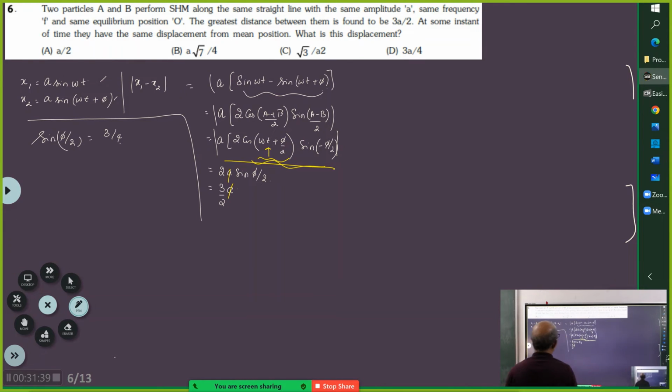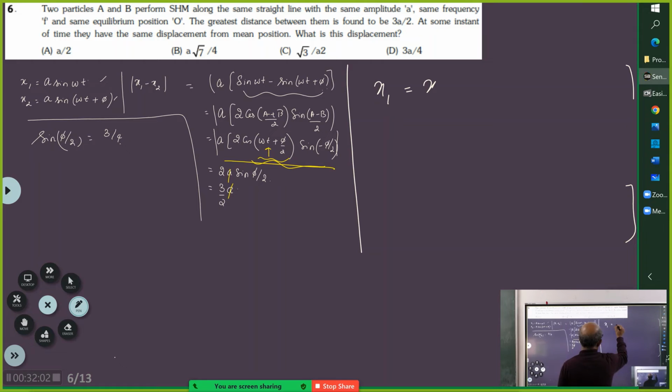So now the second condition they have given is that at some instant of time they have the same displacement from the mean position. That is, at some instant of time t, you will get a condition x1 is equal to x2. Correct? That means sine of omega t, what we have assumed, is equal to sine of omega t plus phi.